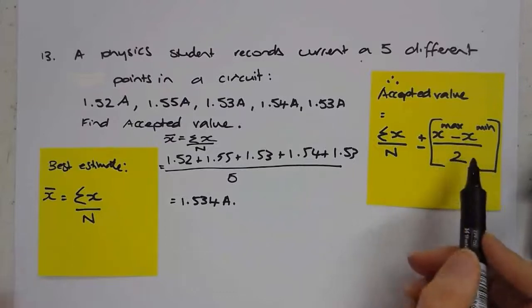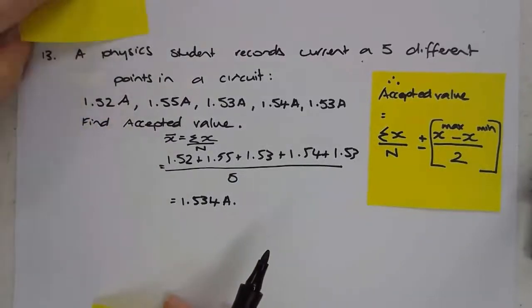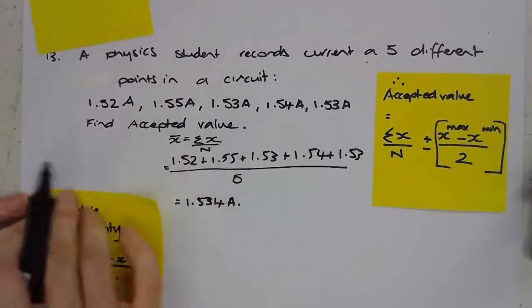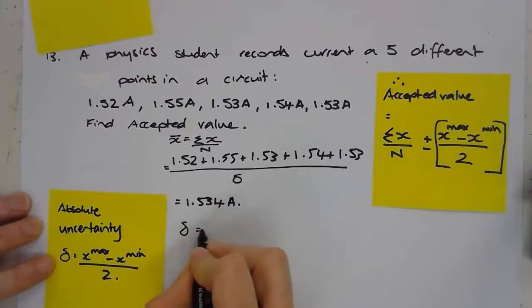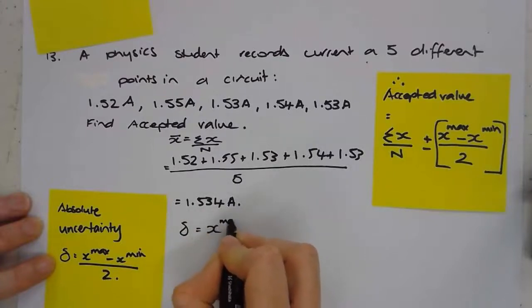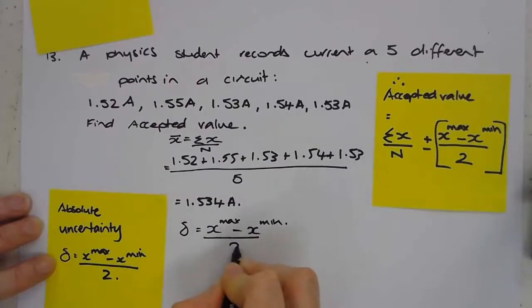Now I need to find this part, my absolute uncertainty. So to find my level of absolute uncertainty, I write down my formula first, divided by 2.